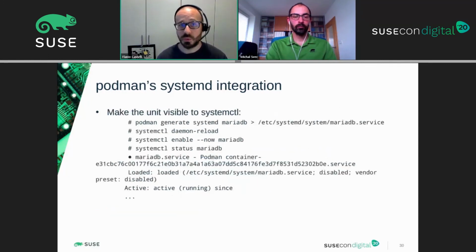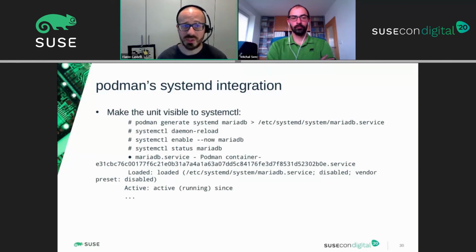To have it done in a more permanent way, you just redirect the output of generate systemd into a text file under /etc/systemd/system. Then you just have to reload all the service definitions, and then you enable --now, which means that it will start the service. You enable the MariaDB service, which in fact will just reach out to Podman and create a container for MariaDB. As you can see, this is really easy.